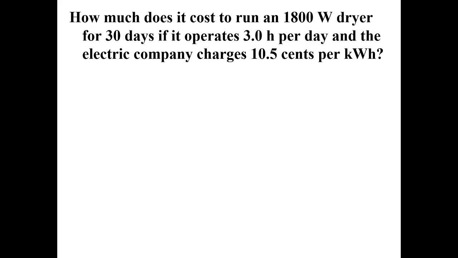Now let's run a dryer for 3 hours a day. So we do a lot of laundry every day, and the electric company charges 10.5 cents per kilowatt hour. The first thing we did was get the hours. 30 days times 3 hours a day is a total of 90 hours for that month.